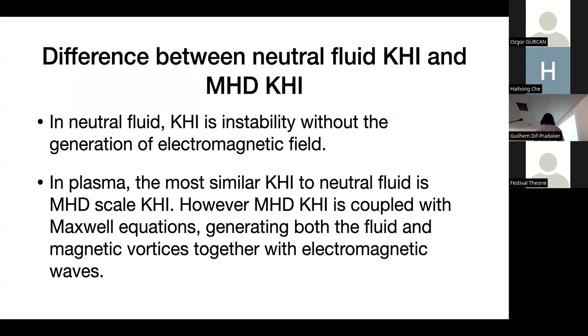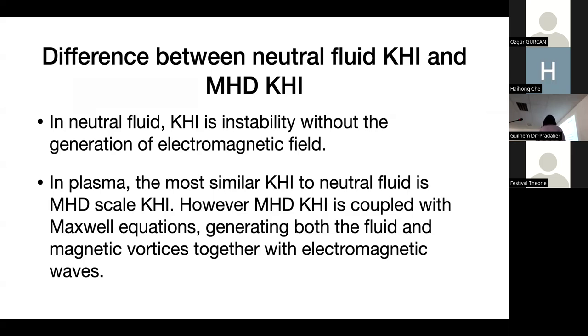In neutral fluid, obviously, the instability occurs without the generation of an electromagnetic field. In plasma, the most similar to neutral fluid is the MHD scale, which also maintains plasma neutrality. So MHD Kelvin-Helmholtz instability is very similar to the fluid.